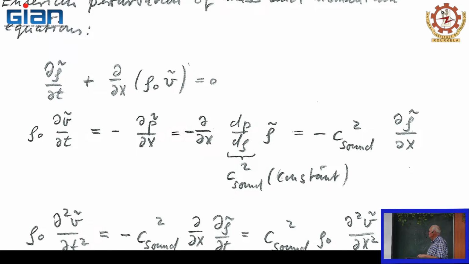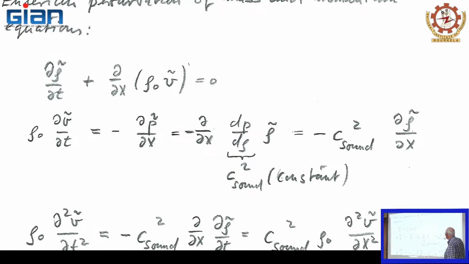Now we replace the density perturbation by the velocity perturbation simply by differentiating this twice with respect to time, and then replacing the d rho tilde by dt by this quantity, by the divergence of x.